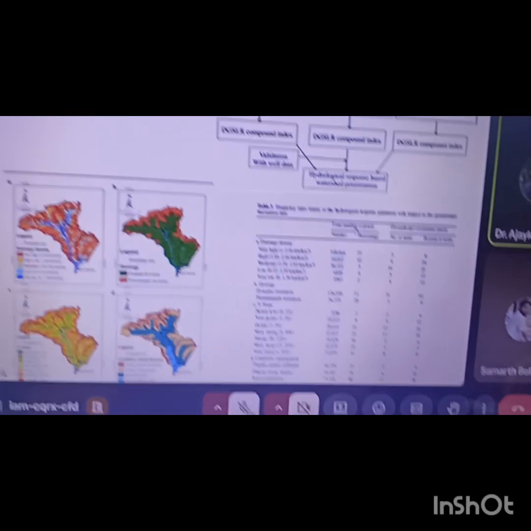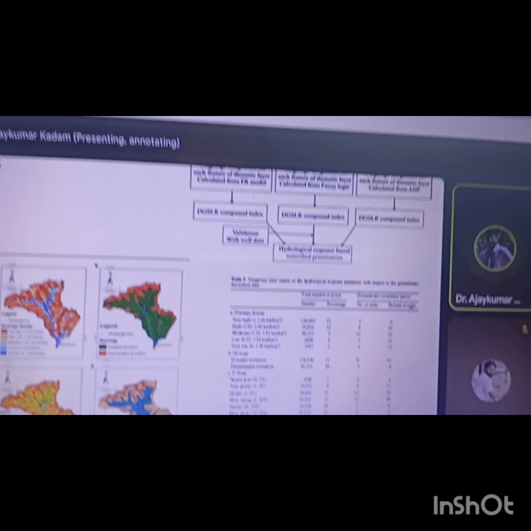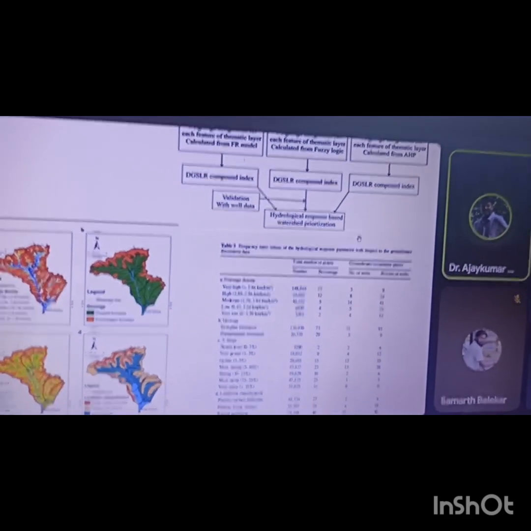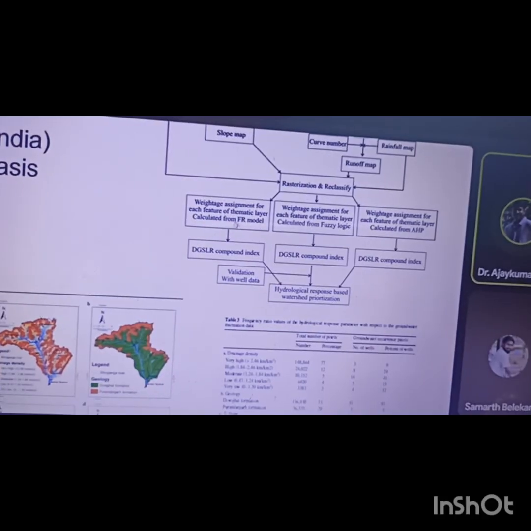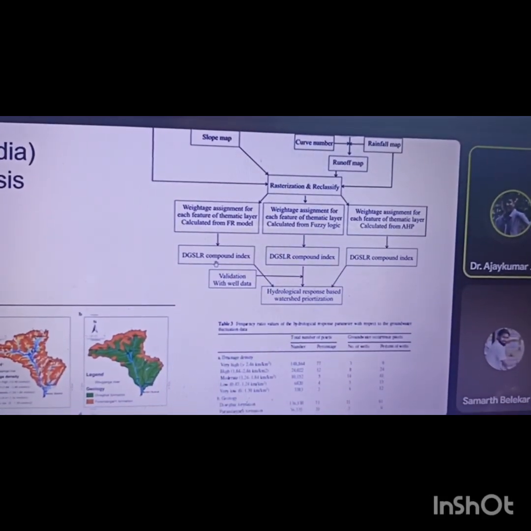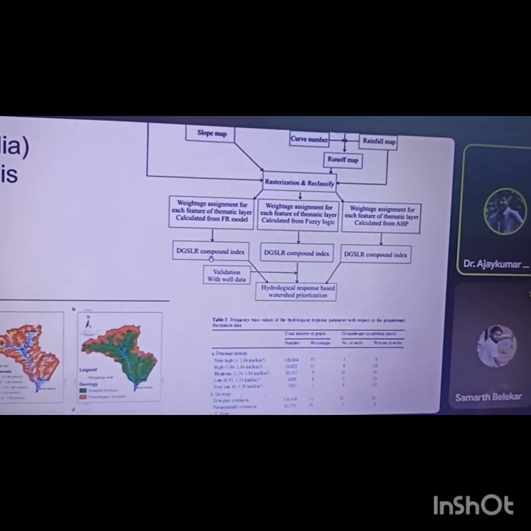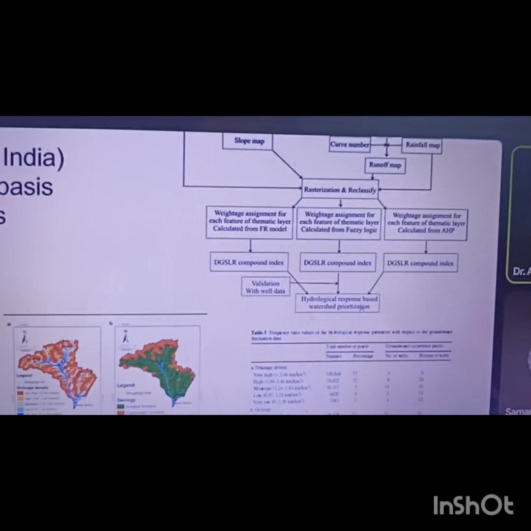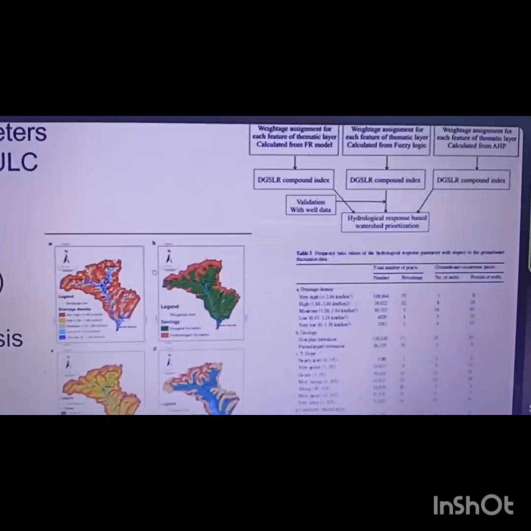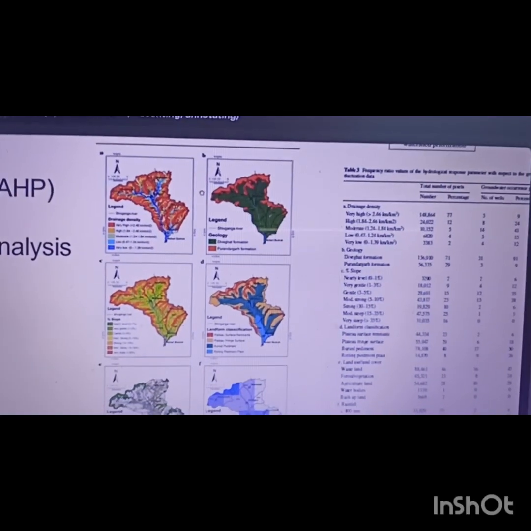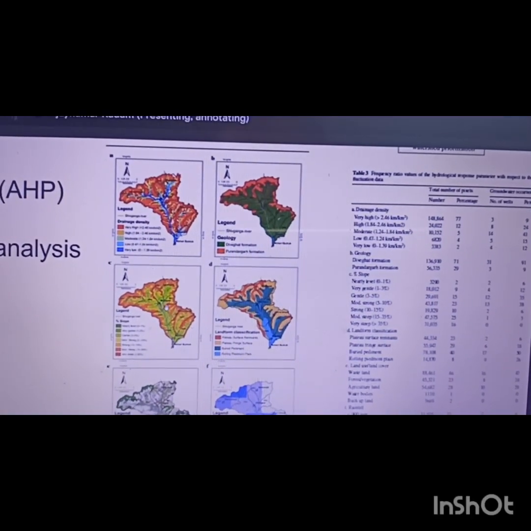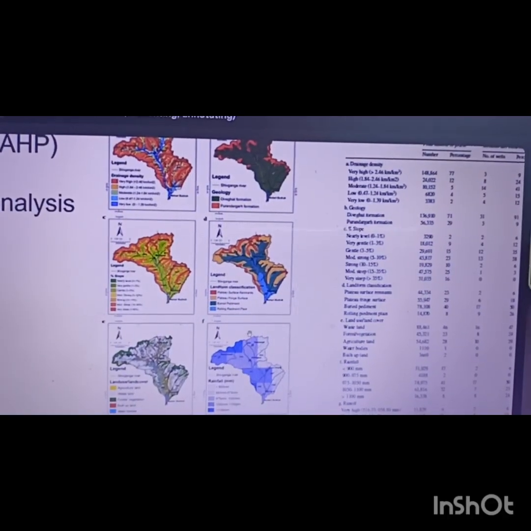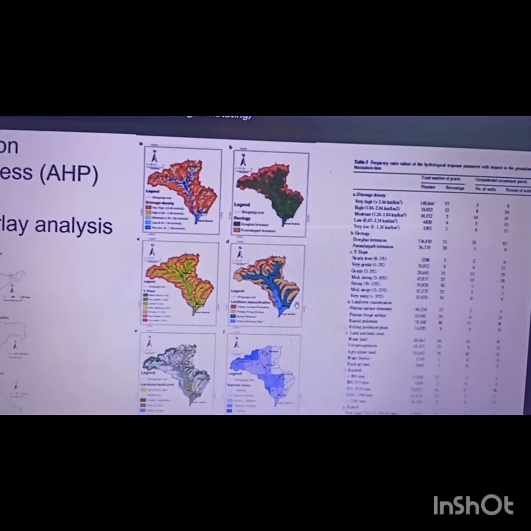Here we use the total number of pixels and groundwater occurrence pixels in the frequency ratio method, where we use the DGSLR compound index that we have developed to identify the hydrological response for each watershed prioritization. For that, we have taken layers such as drainage density, geology, slope, landforms, land cover, and rainfall for my study area.